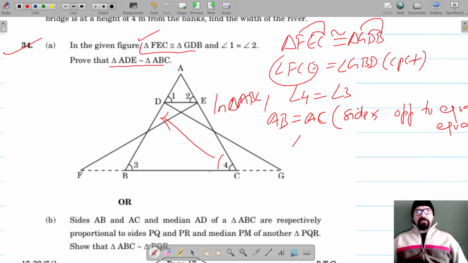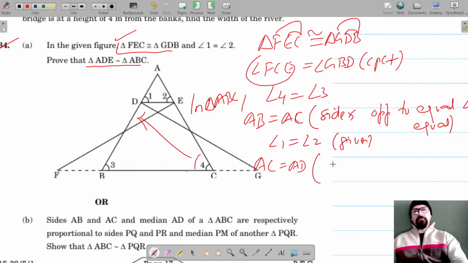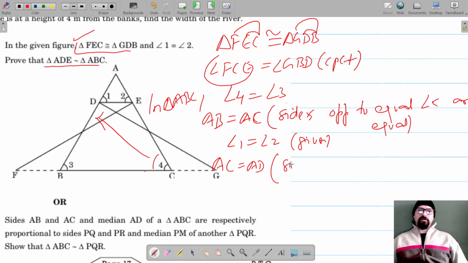Similarly, we are given that angle 1 is equal to angle 2 and opposite to angle 1 is AE. So that means AE is equal to AD. And the reason is same. These are sides opposite to equal angles, and sides opposite to equal angles are equal.